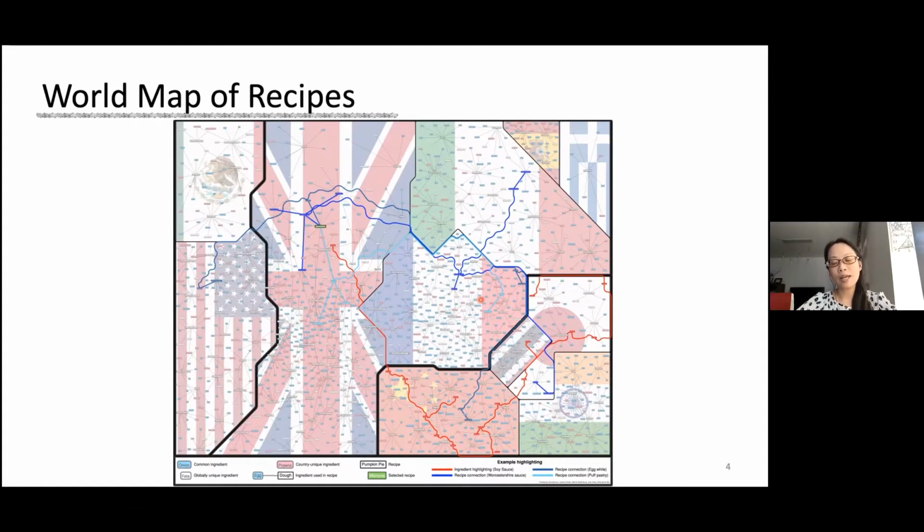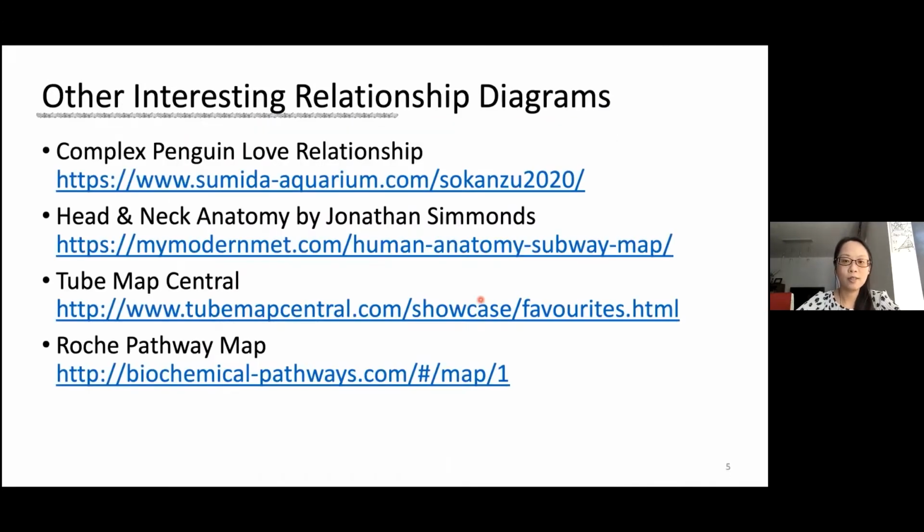So today I would like to talk about the current state of the art of such automatic approaches that can assist human designers, and what remains to be solved in the future. There are also other interesting diagrams. If you are interested, you can take a look at the list I have collected.